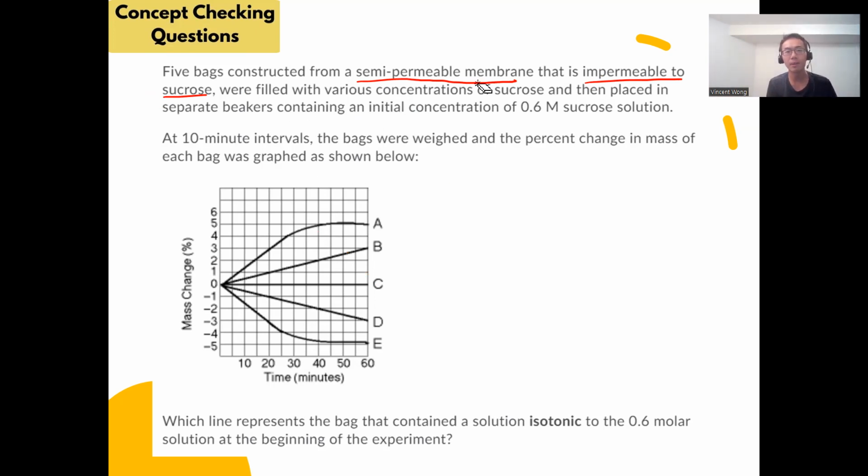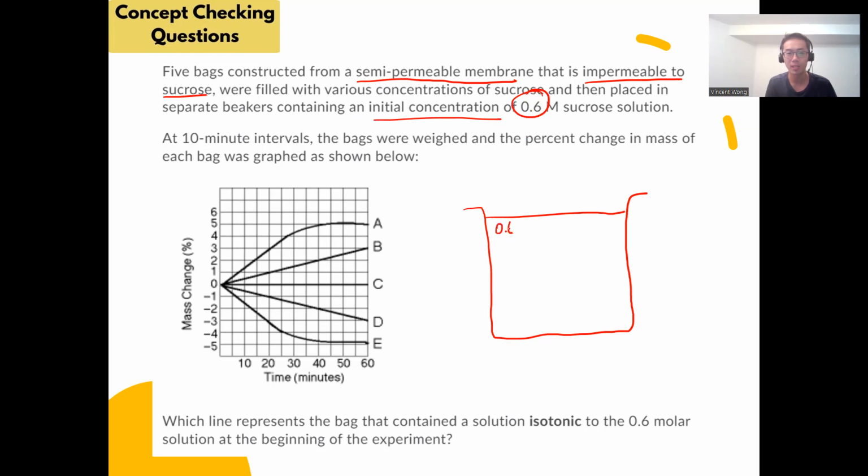And then you fill them up with various concentrations of sucrose and then place them in separate beakers containing an initial concentration of 0.6 M sucrose solution. Now you look at this and you're like, 0.6 M, what does that even mean? It doesn't really matter. M is the measurement of concentration. The key thing to read here is that there is an initial concentration of some number.